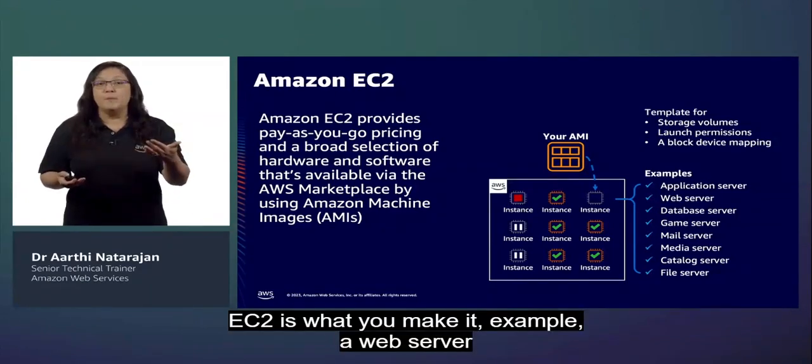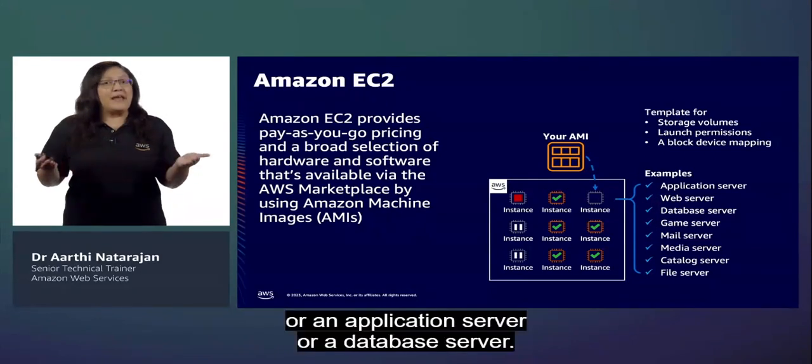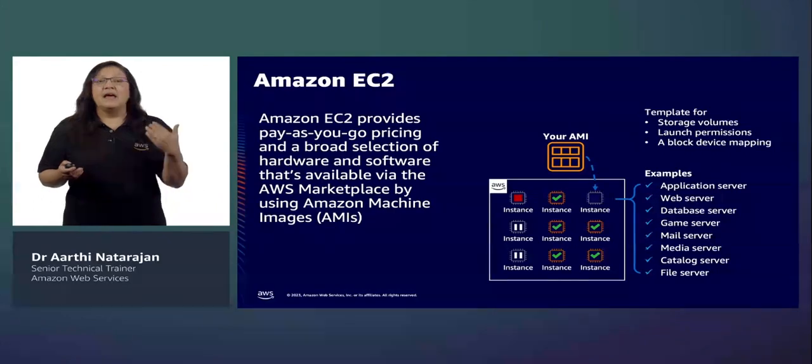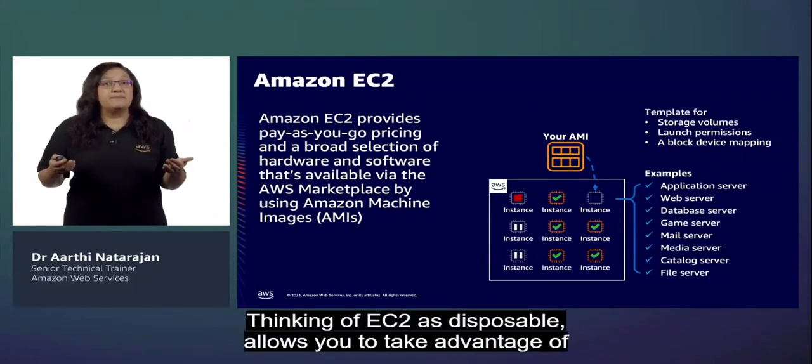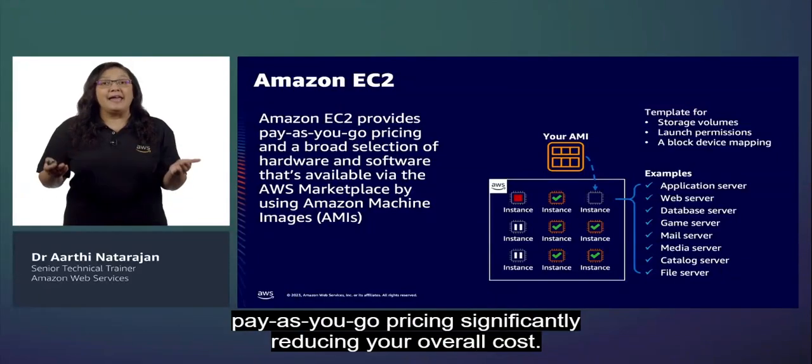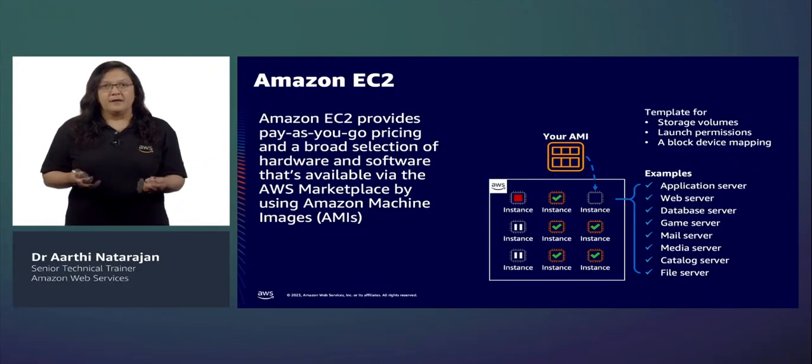EC2 is what you make it. Example, a web server, or an application server, or a database server. Thinking of EC2 as disposable allows you to take advantage of pay-as-you-go pricing, significantly reducing your overall cost.